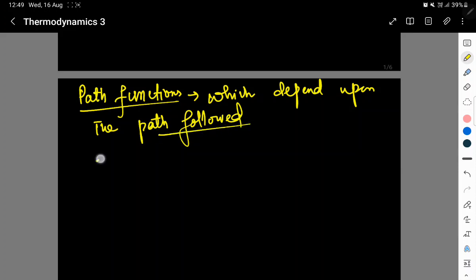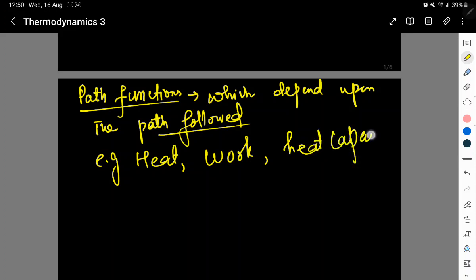For example, heat, work, right. I will write here heat capacity, which is also heat.